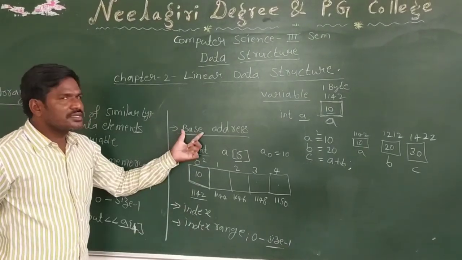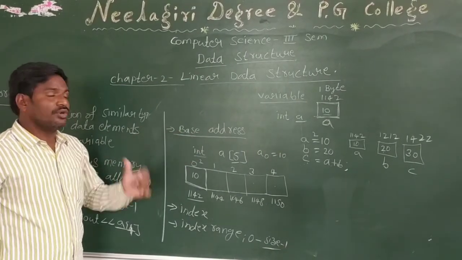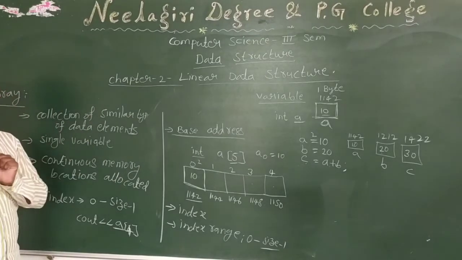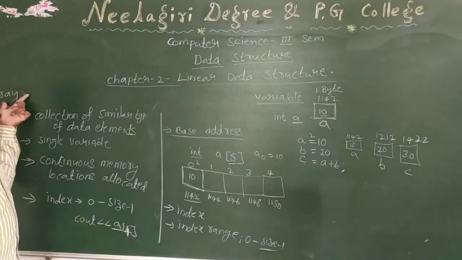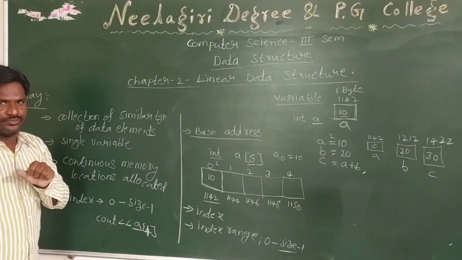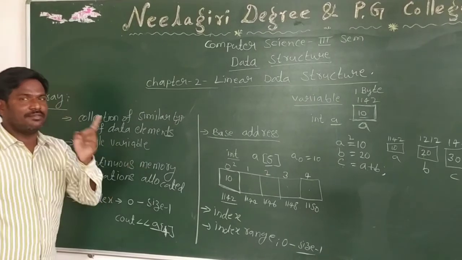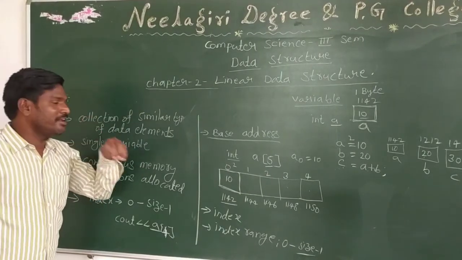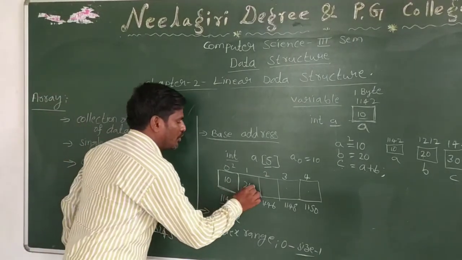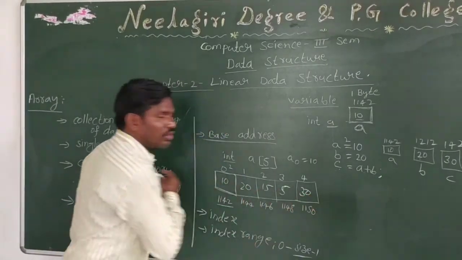So this base address concept is introduced in data structures. Because in the types of data structures we said that arrays are used to access any element directly. It is a direct access data structure, as opposed to the sequential type. For example, 10, 20, 50, 5, 30 are the values stored in the variable.